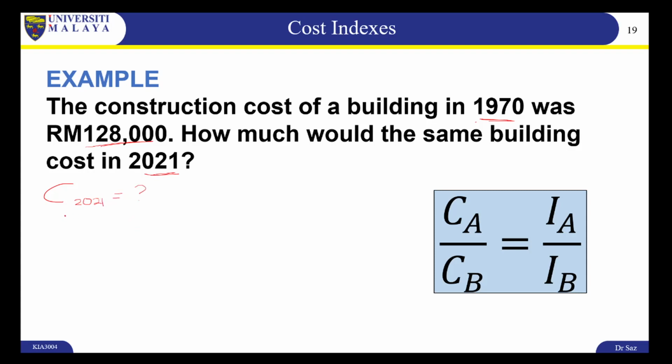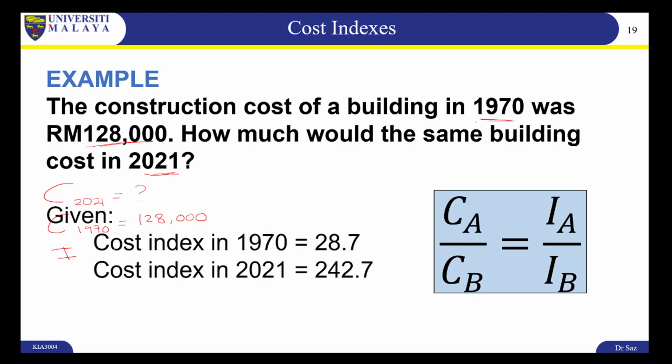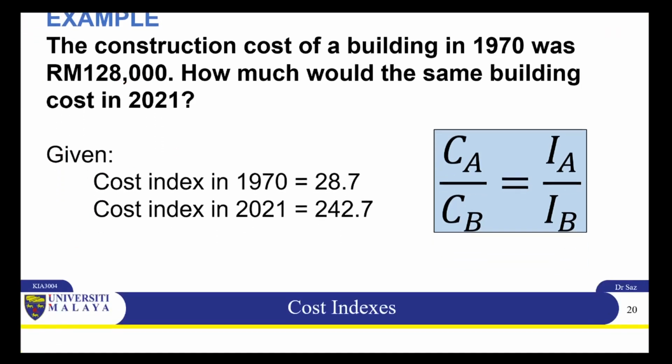That's what we're trying to find out. C1970 was 128,000. The index, oh, I forgot. There it is. I think we'll move these to a different page.